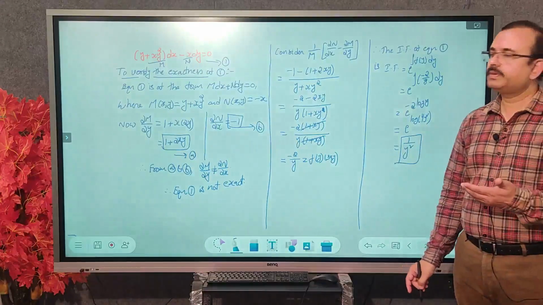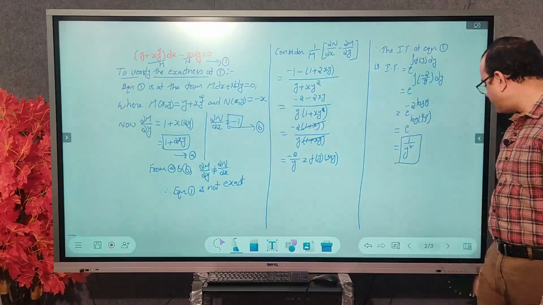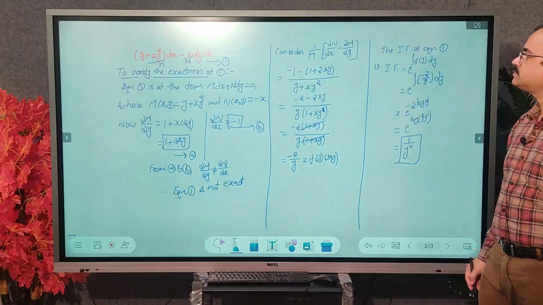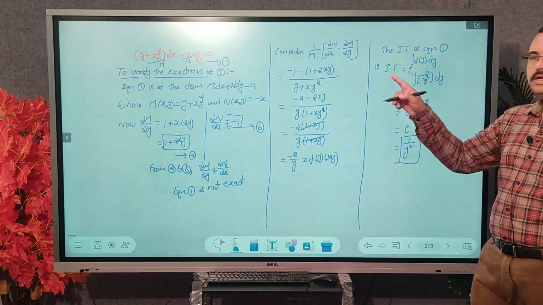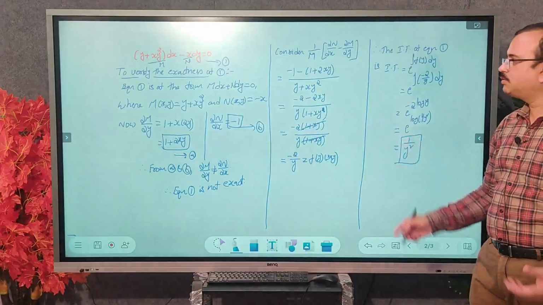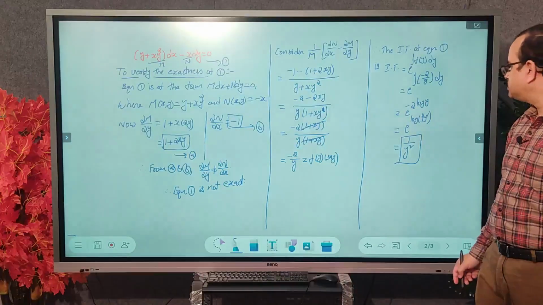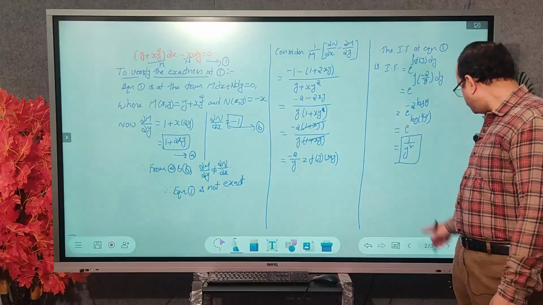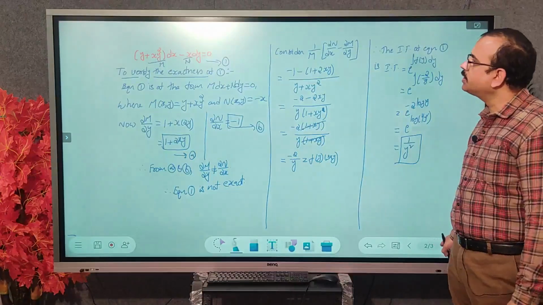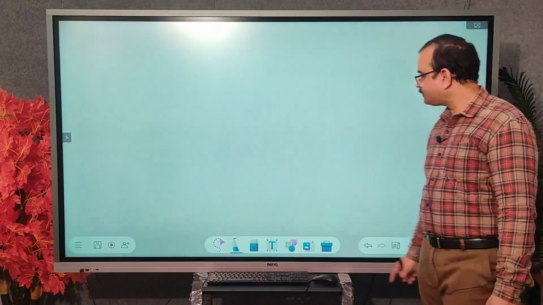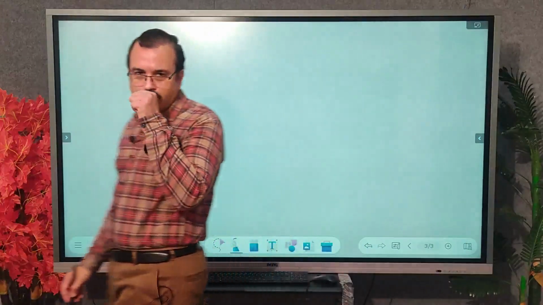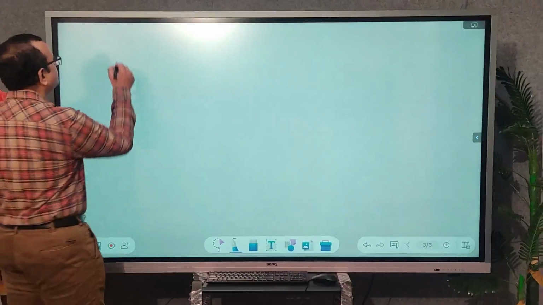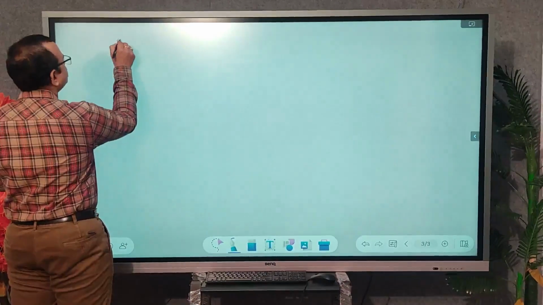Now we have to multiply the given DE with this integrating factor, and then the given DE reduces to an exact differential equation, and then we can find the solution. Okay, now we will multiply the given DE with this integrating factor 1/y².